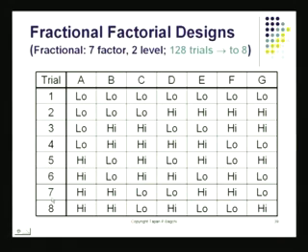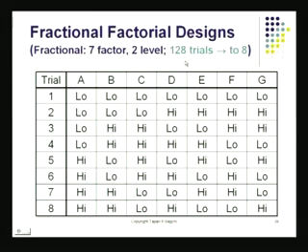I have again 8 trials, but here I've got factors A, B, C, D, E, F, G, 7 factors. If I'd run a full factorial experiment with 7 factors at 2 levels each, I'd have had to run 128 trials. But what have I chosen to do?